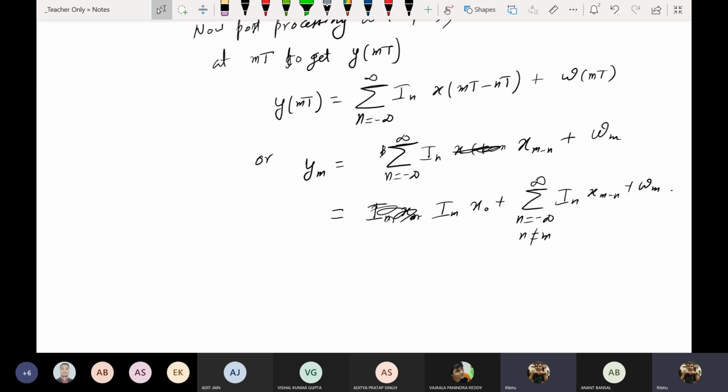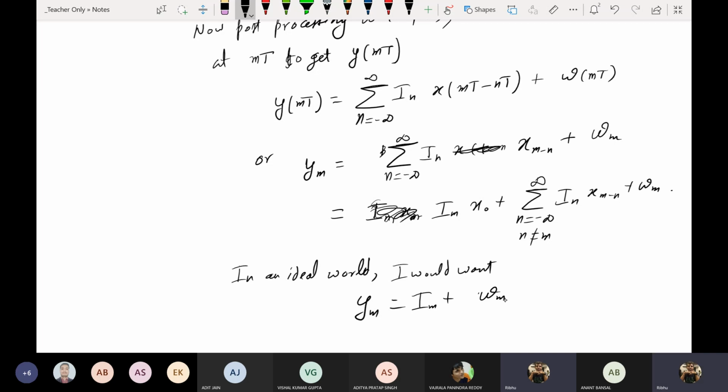So now, in an ideal world, we want y_m equals I_m plus noise.